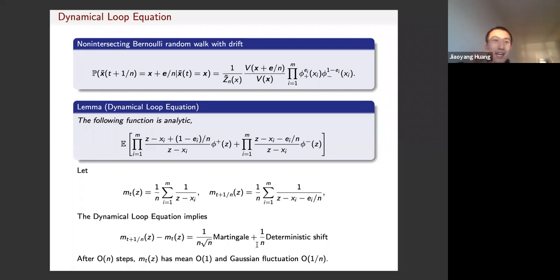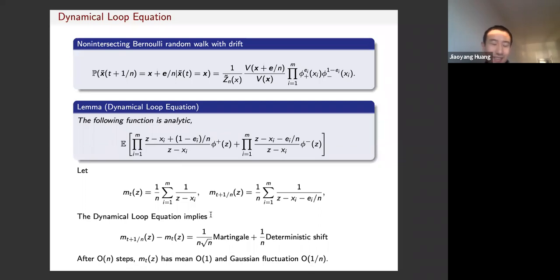Because our macroscopic time corresponds to order n steps, after order n steps those deterministic shifts accumulate, and the mean should be of order 1. And the martingale term is the same as adding a bunch of Gaussians, you get the extra 1 over square root n. So the martingale terms after n steps accumulate to give you a Gaussian fluctuation of order 1 over n.